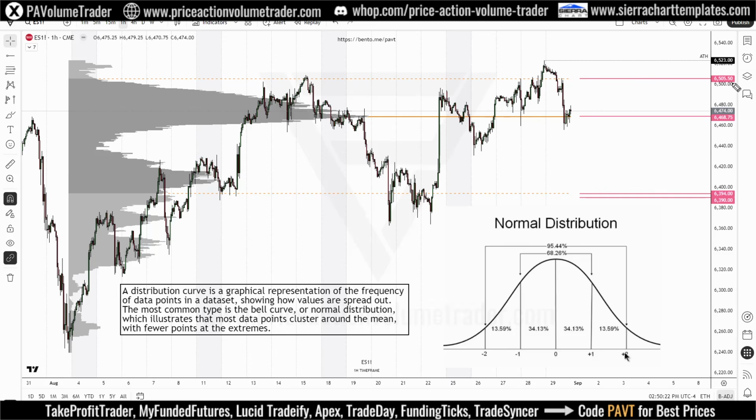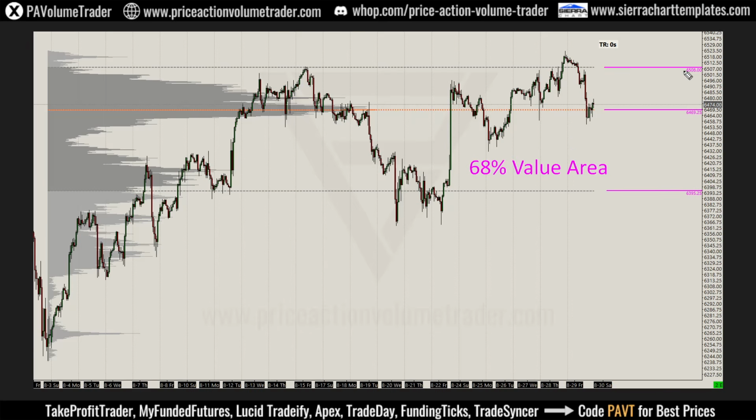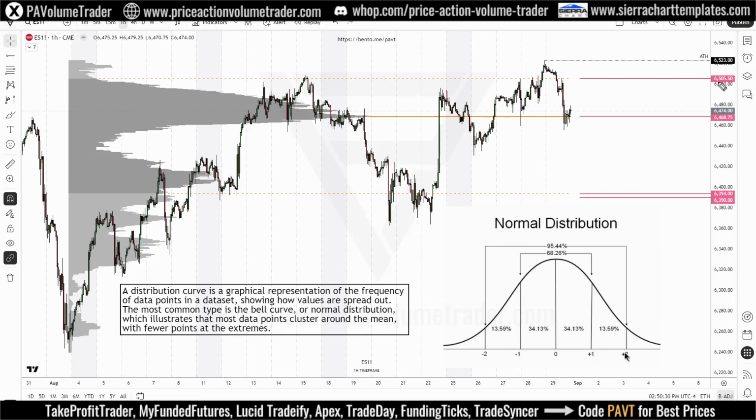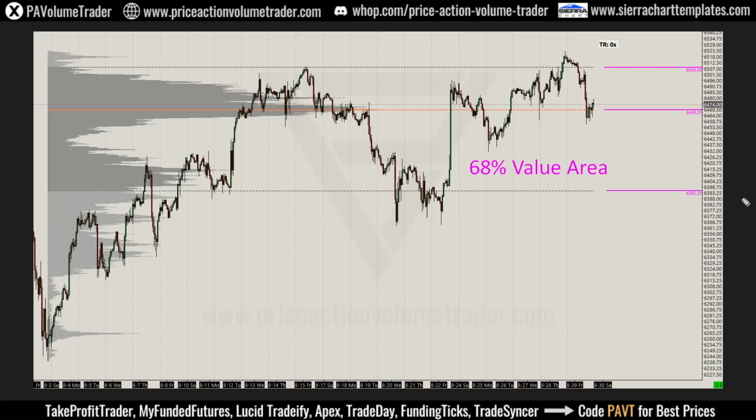Okay, so you can see how in between Sierra Chart and TradingView, the difference in all these values is between like half a point to 3 points. Value area low 63.94, and here it's 63.95.25. So very negligible differences.